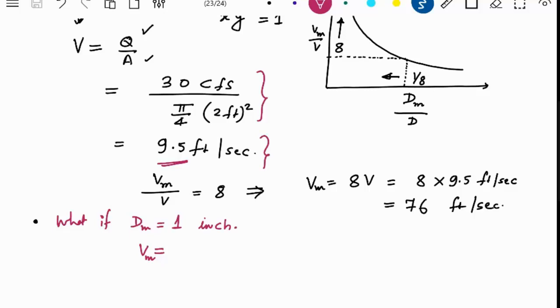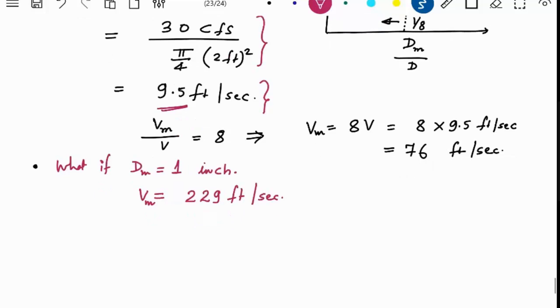Okay, you can do this work, and if you do, you will find this velocity turns out to be 229 feet per second. So this value is very high, and this cannot be achieved in the laboratory. So that's why we cannot take a very thin diameter of the pipe. So this is not possible. So that's why we have to limit the size of the pipe, the diameter of the pipe.